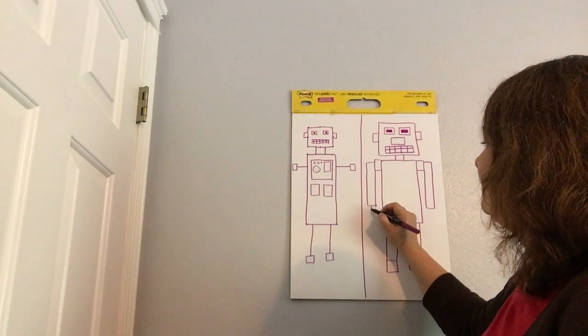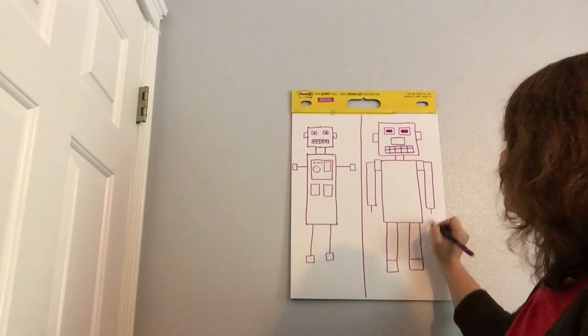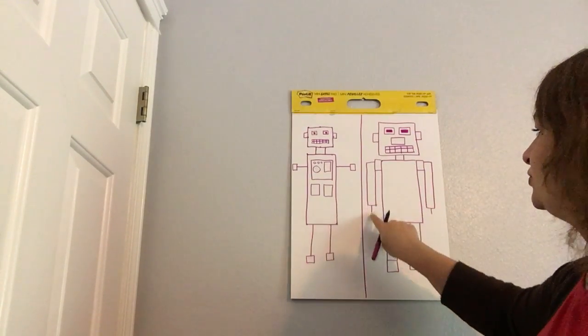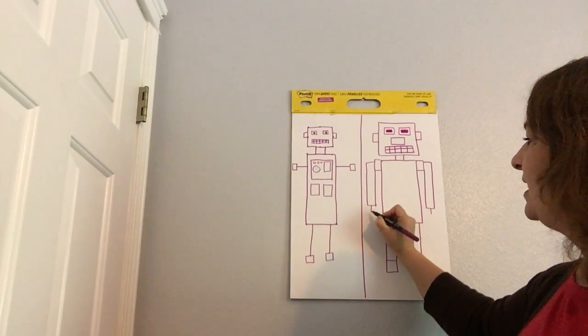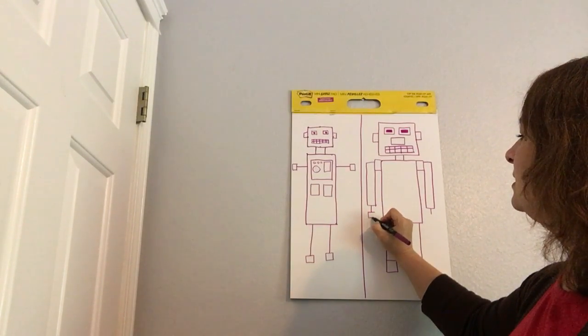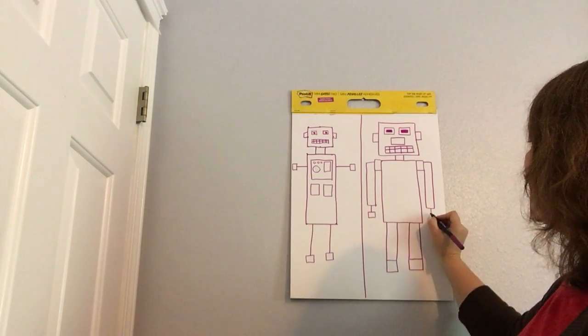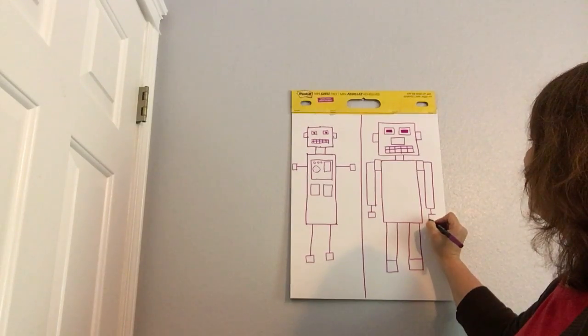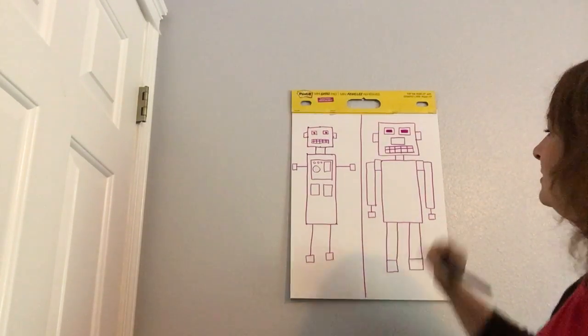And I want his hands to look a little differently. I want them to go straight, straight, and then a small square right there, and a small square right there.